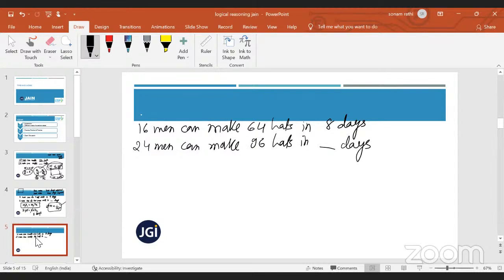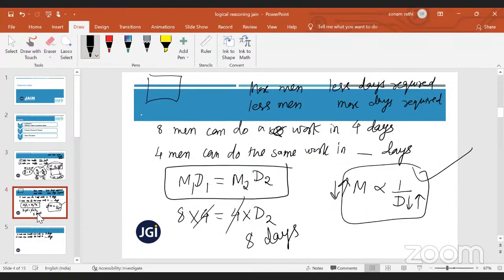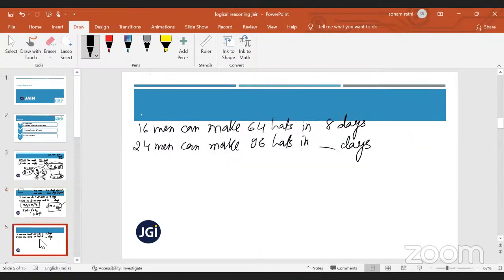So now what will you do? You will club the first and the second formula. This is our first formula, M1 upon W1 is equals to M2 upon W2, and the second one, M1 D1 is equals to M2 D2. When I club these formulas, I will get M1 D1 upon W1 is equals to M2 D2 upon W2.